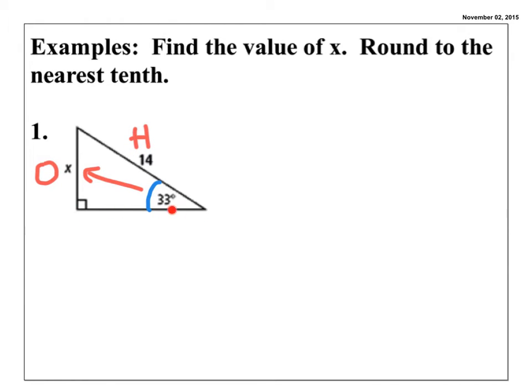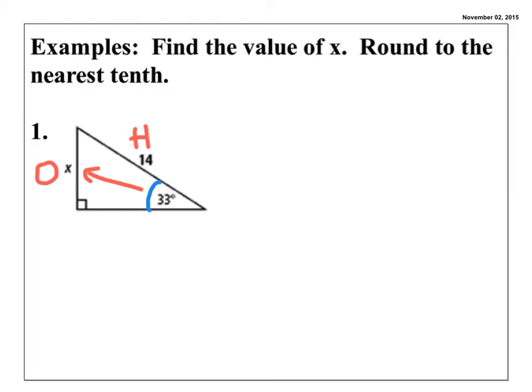I don't care what the other side is, because there is no value given on that side and it is not going to help me solve this problem in any way. So I have identified the two pieces I am given as opposite, because it is directly opposite the reference angle, and hypotenuse, because it is across from the right angle.